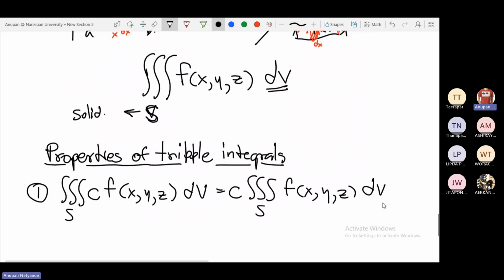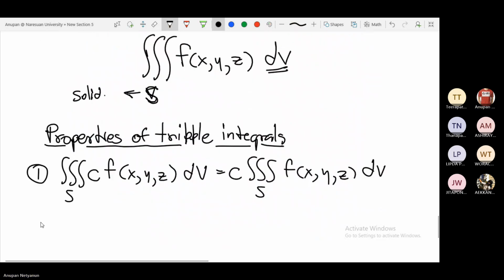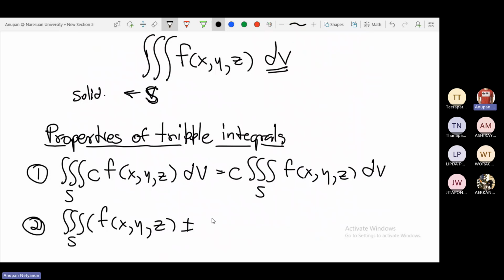And also, the triple integral over the solid object S of f(x,y,z) plus or minus a function g(x,y,z) dV.